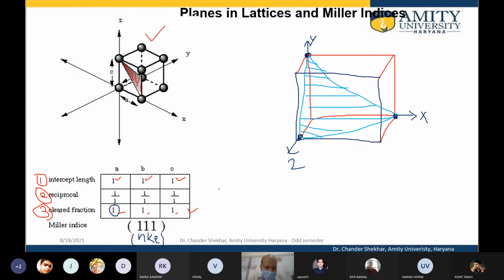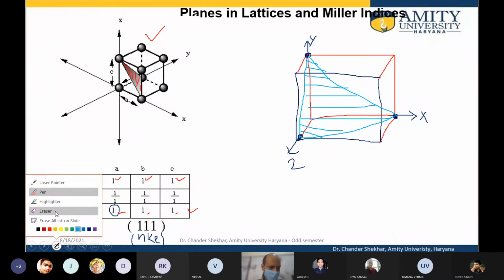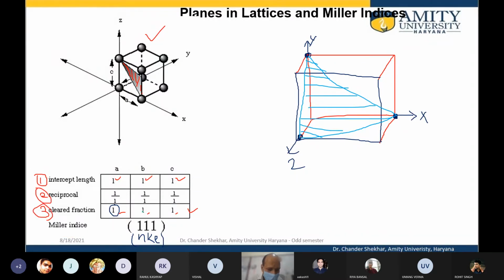Now suppose one of the Miller indices, instead of 1, is 2, 3 or 4. Suppose the Miller index along the y-axis is 2.